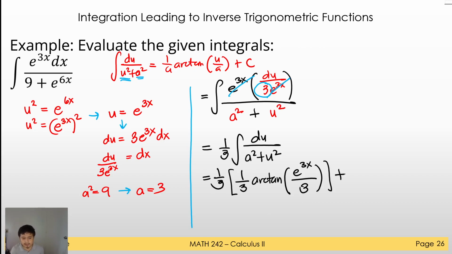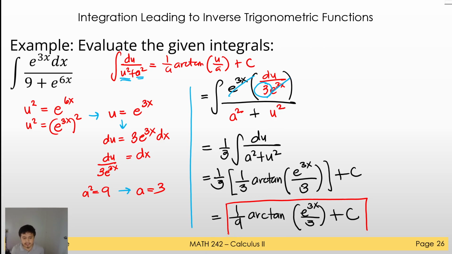And then don't forget the plus c. Simplifying this, we have 1/3 times 1/3, that is 1 over 9, arctangent e raised to 3x over 3 plus c. So this will be your final answer.